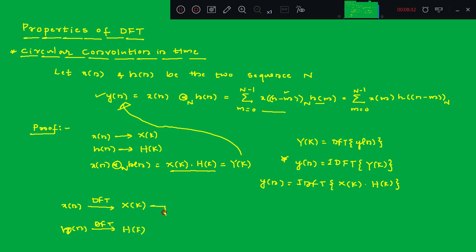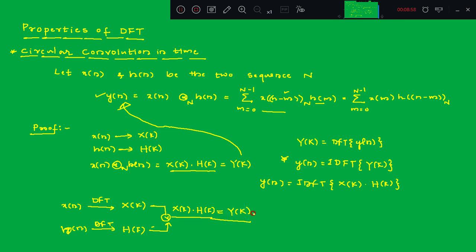Then I will multiply these two DFT sequences x of k and h of k using a multiplier. So I will get x of k multiplied by h of k, and this product I will name y of k, and this y of k is a DFT sequence.